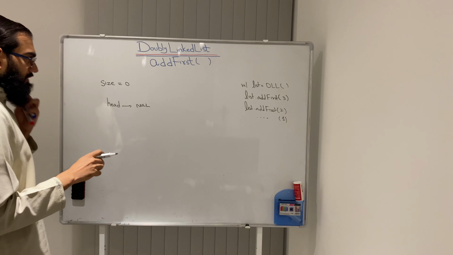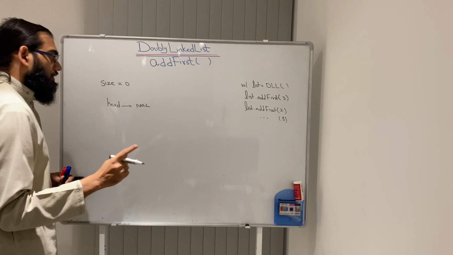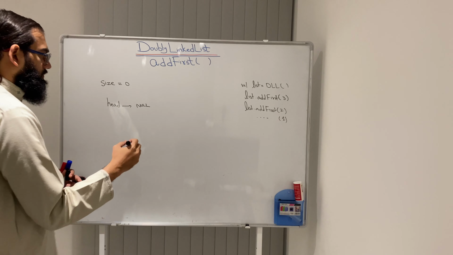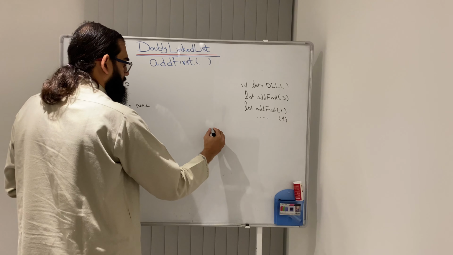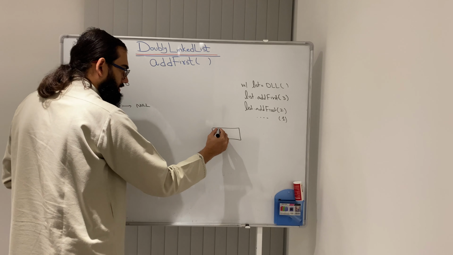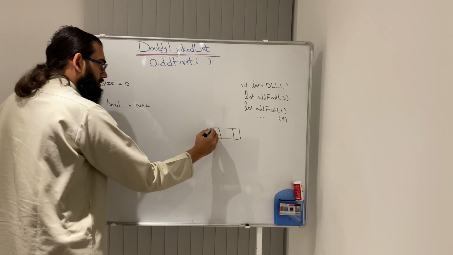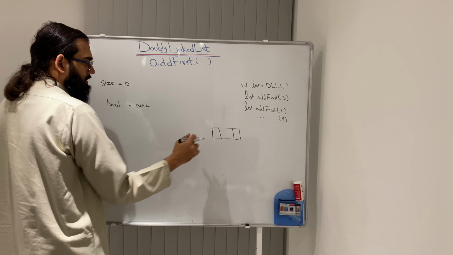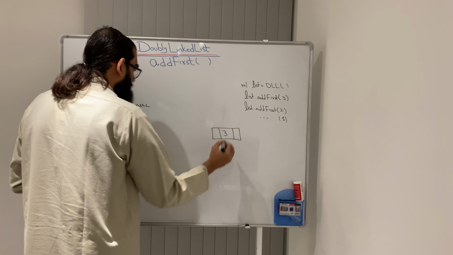So now first time when the client is calling list.addFirst, what will happen in our code? First, we are going to create a node, and because it's a doubly linked list, it's a node, forward node or the next node and the previous node. Then we added a value 3.